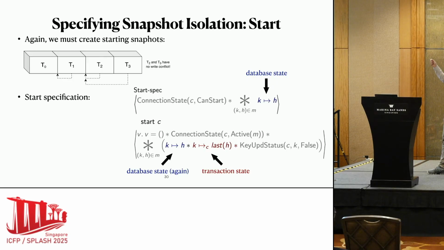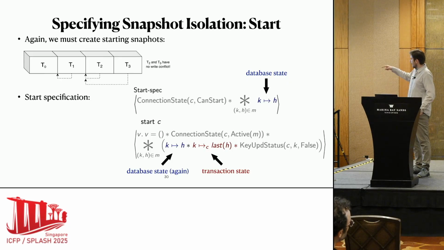We provide this in the precondition, and then in the postcondition, you get back the unchanged database state, because starting a transaction doesn't change anything about the global state. Based on this state, we create some local resources for the transaction which is just about to start. And these are created based on the latest snapshot, so we take the last value out of the history.